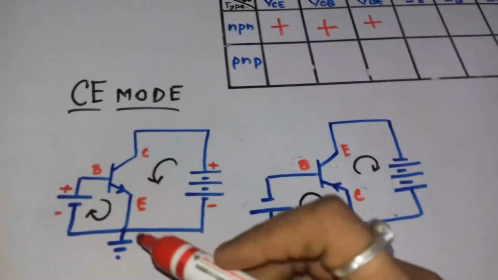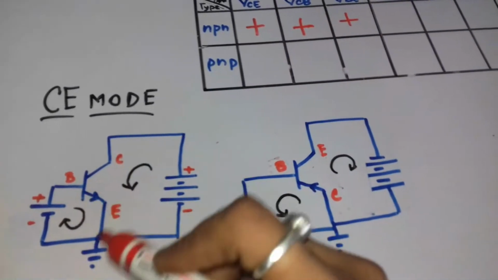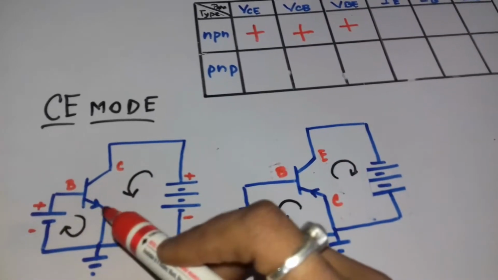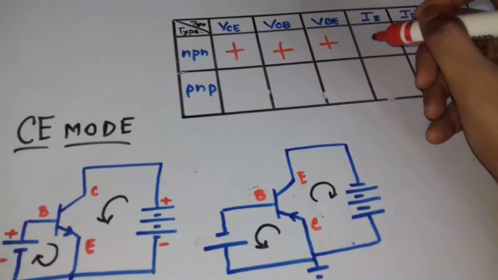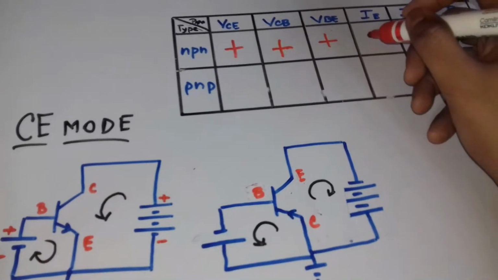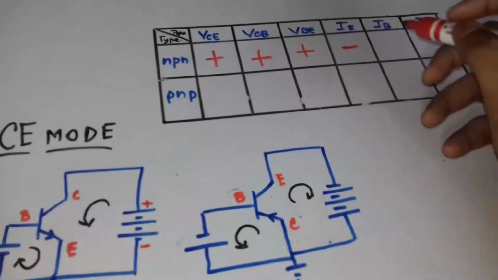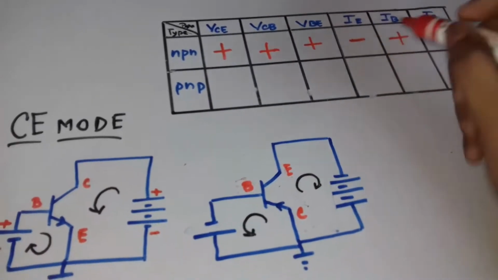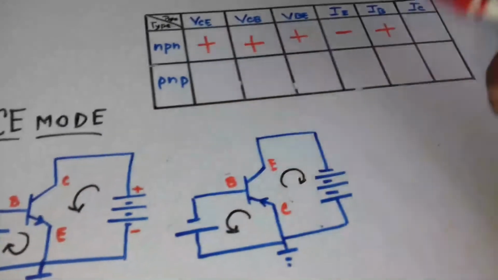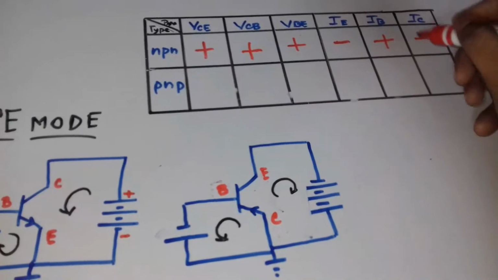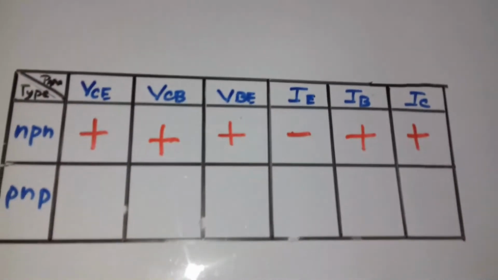Now for currents, IE, the emitter current, is exiting from E, so it is minus. Now B, current is entering through B, so IB is positive. Here the current is entering through C, so the current is positive. Okay, that is the table.